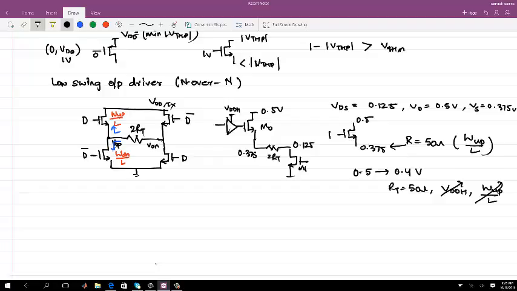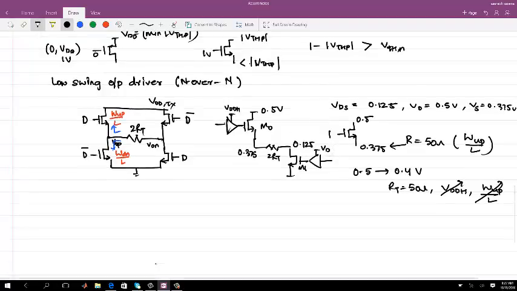So is there any confusion in this? Here what I am saying, just repeating it again, is that I have control over the gate voltage of NMOS, and I have size. There are two things I can control, and I can exercise them once I want a certain amount of swing.